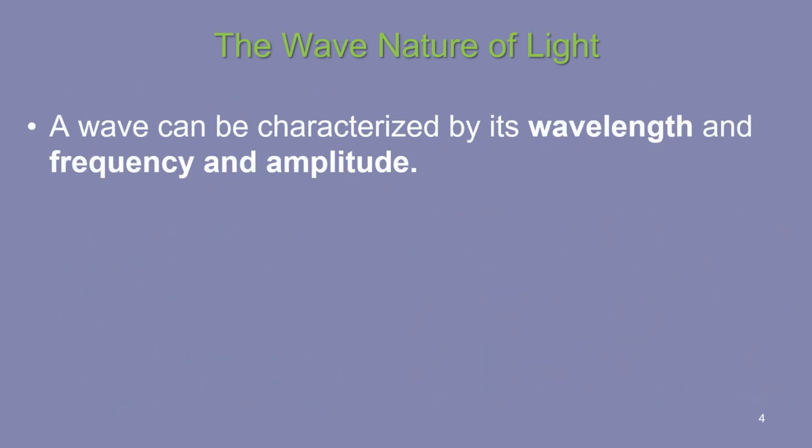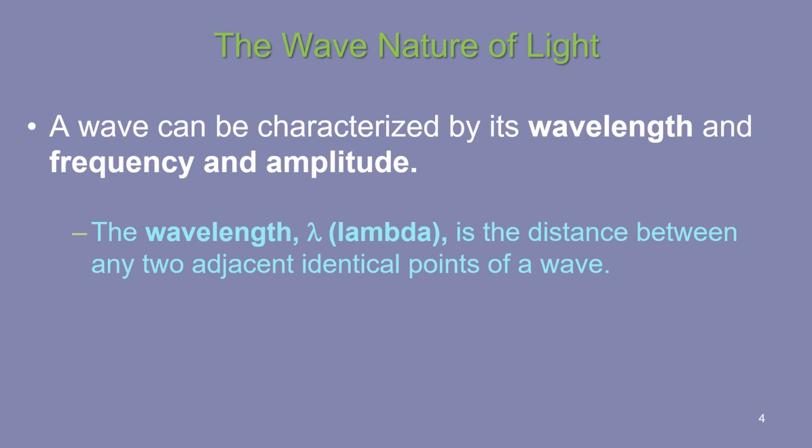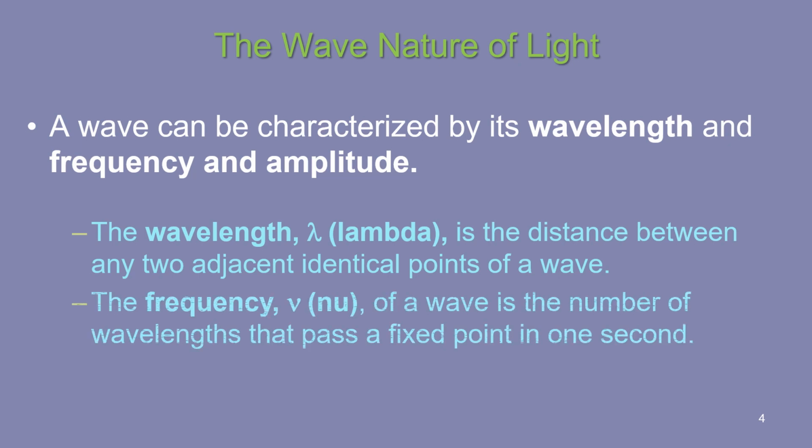So let's talk about a wave. A wave can be characterized by both its wavelength and its frequency, and then actually its amplitude also. So the wavelength, which is given the symbol lambda, is the distance between any two adjacent identical points of a wave. So it's the length of one wave.